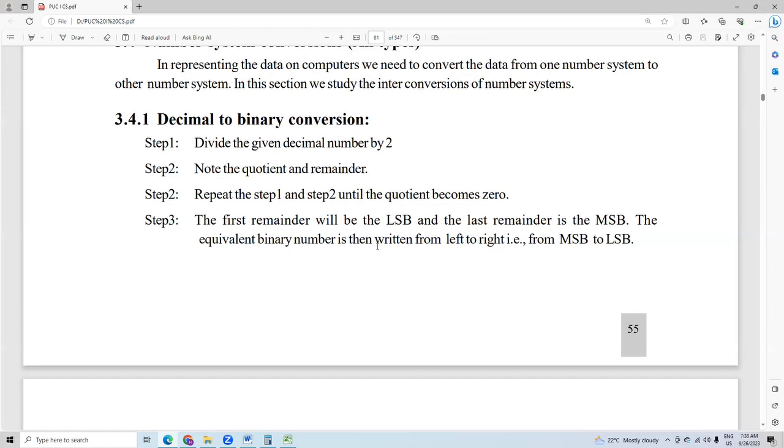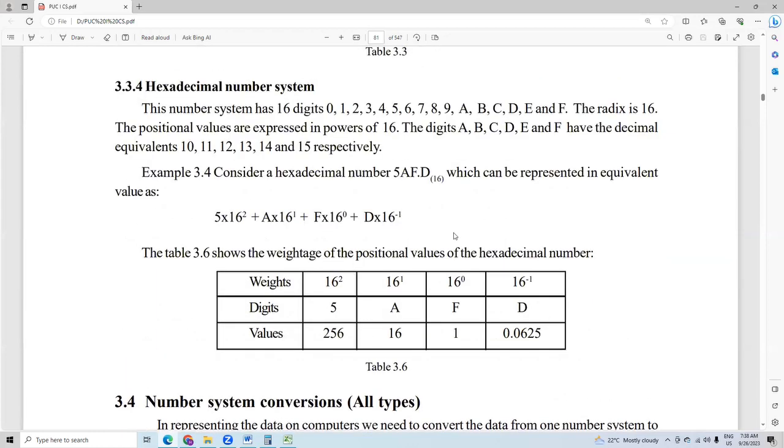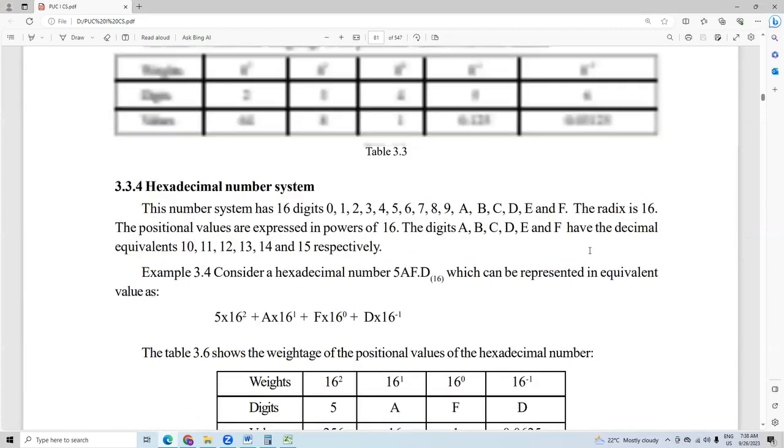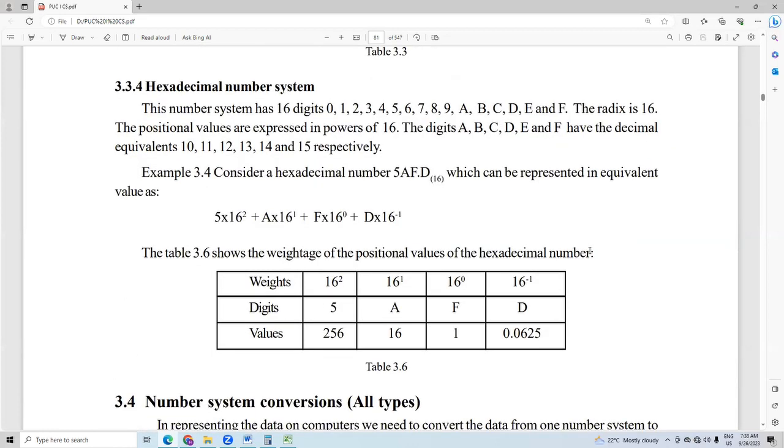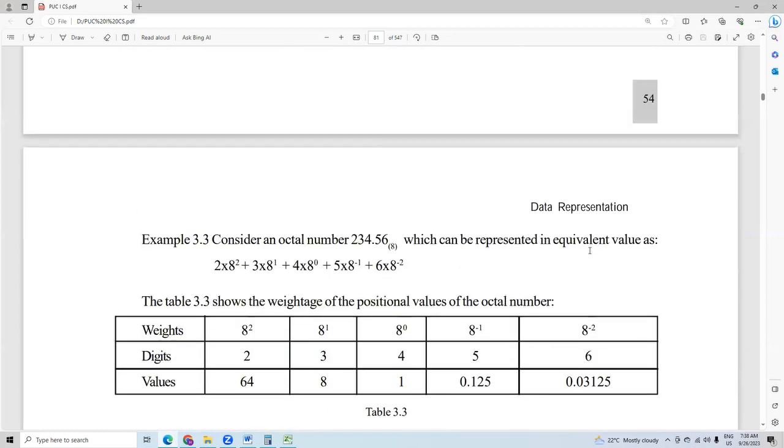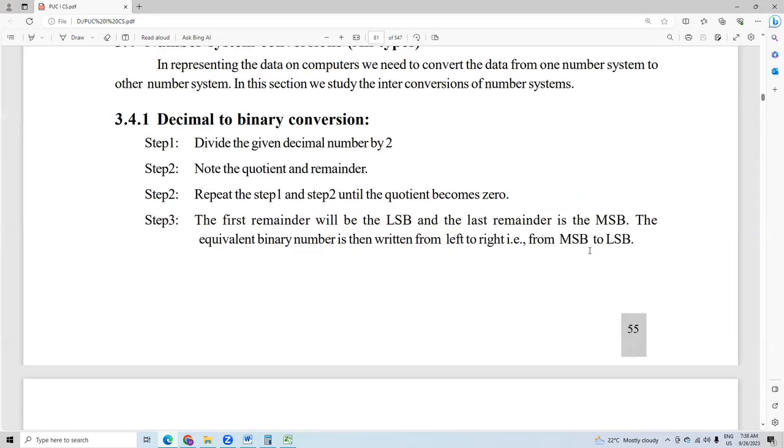The first remainder will be the LSB. See, the first remainder will be the LSB means what? We have studied about MSB, most significant bit, and LSB, least significant bit, right? So the first remainder you get, LSB, means that is the last digit in the binary.